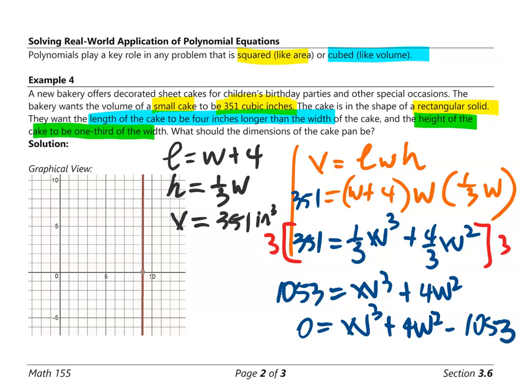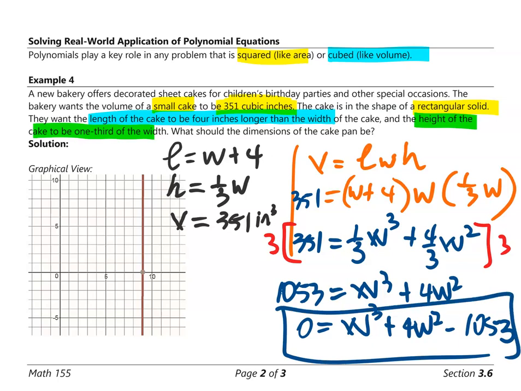Then the graph of this is actually this one. This is the graphical view of that. And part of the graph, it crosses at this point. And this point is at 9, 0. So meaning this is the zero. The zero is at 9.